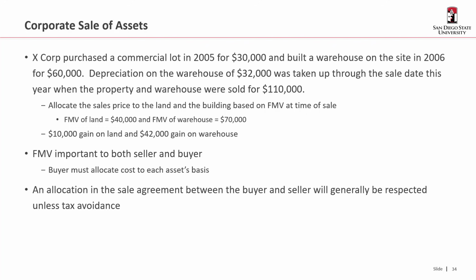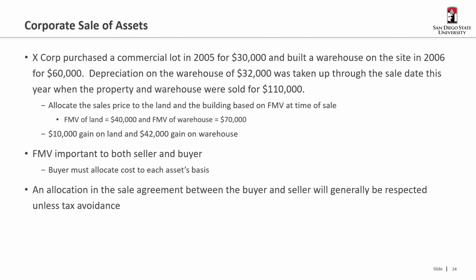Now, fair market value is important to both the seller and the buyer. The seller cares because there could be depreciation recapture and holding period effects. The buyer cares, particularly in this case, because land is non-depreciable property, whereas of course the warehouse is depreciable.